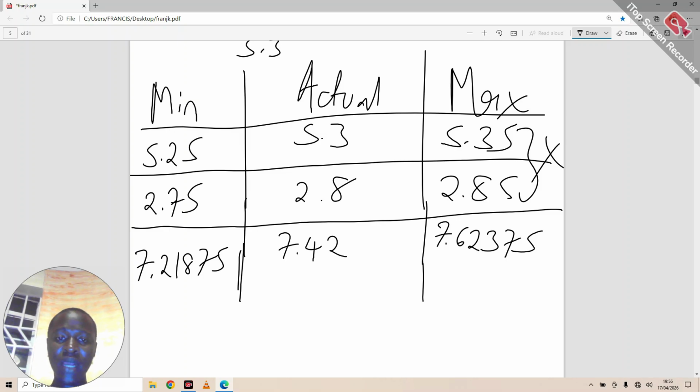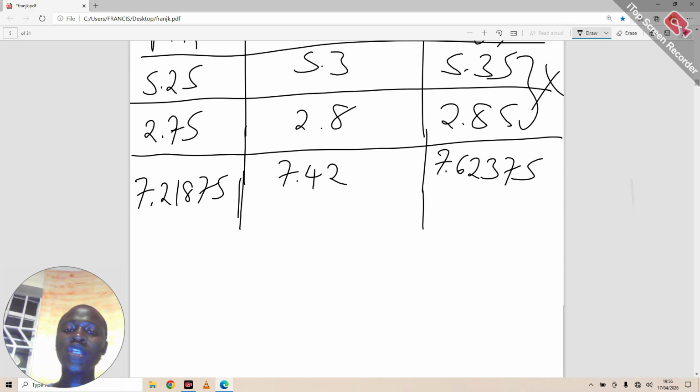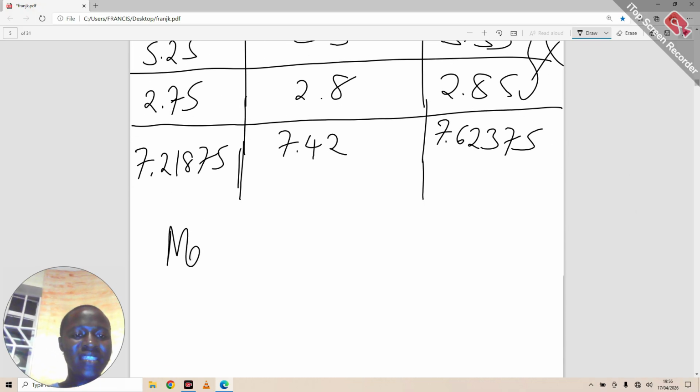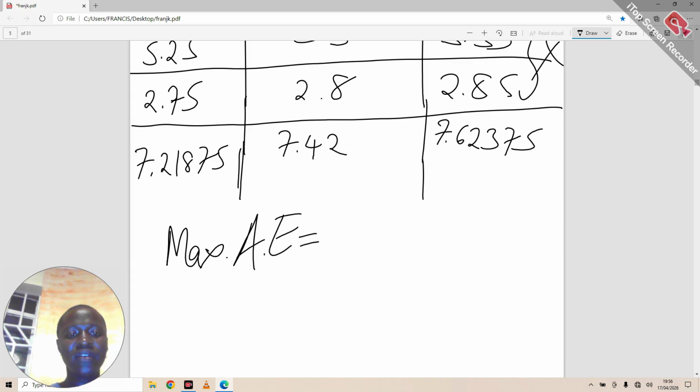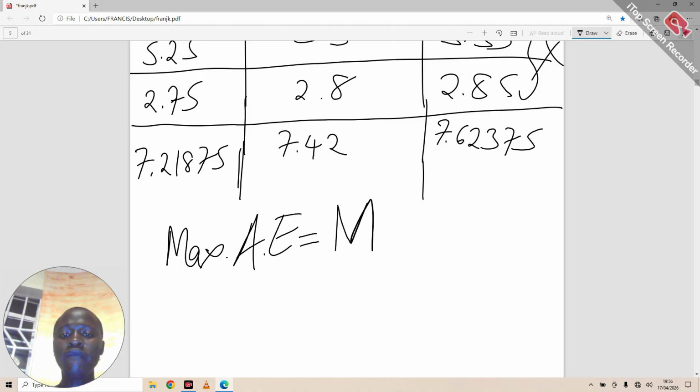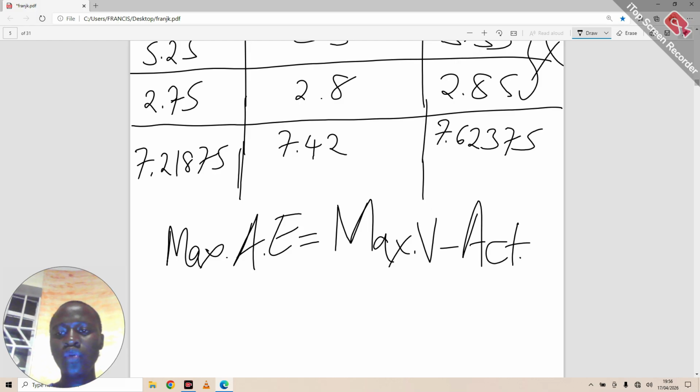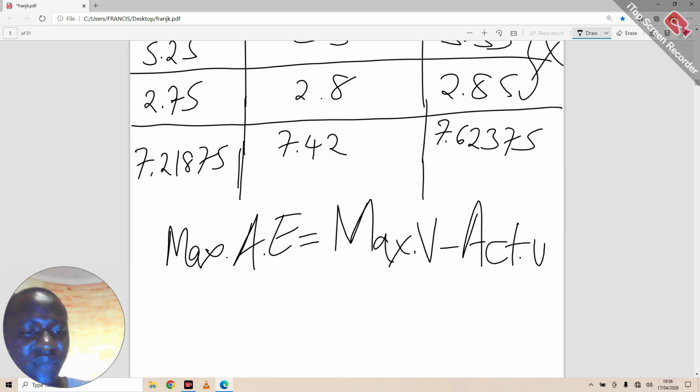Okay, but what does the question want? Maximum absolute error. Remember that word maximum. By just seeing that word maximum, think of the formula. Take maximum value minus the actual value. Okay, guys?